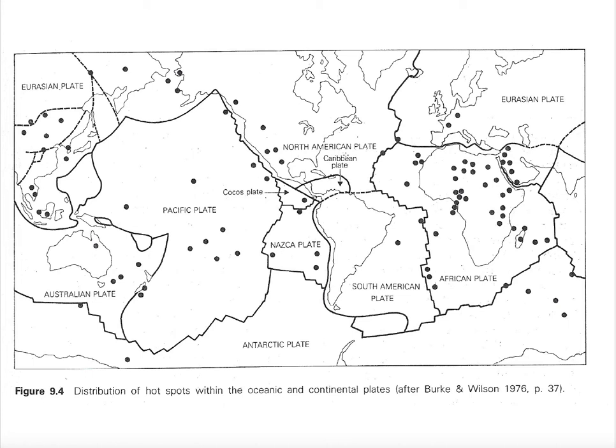But we also have a lot of hotspots on the continental side. We will talk about the hotspots and the basalts within the continental plates in our next chapter. But here you have just the distribution of all the hotspots hanging around on this planet.